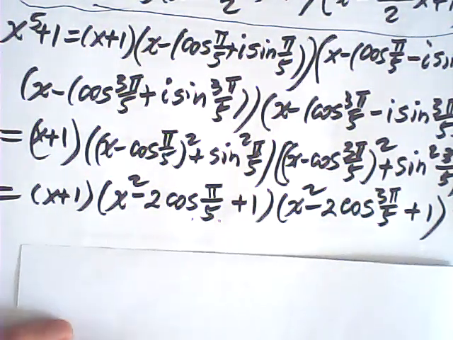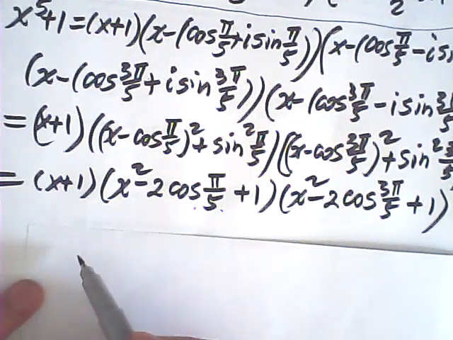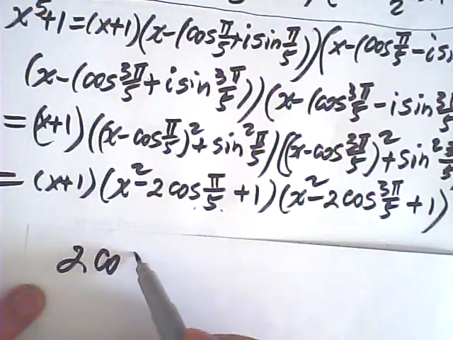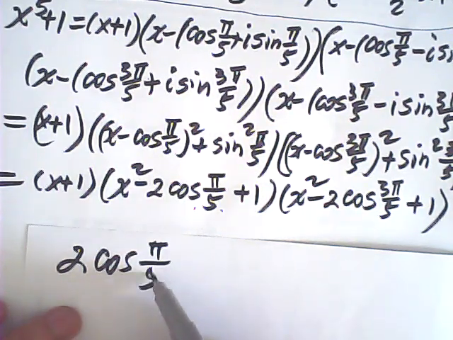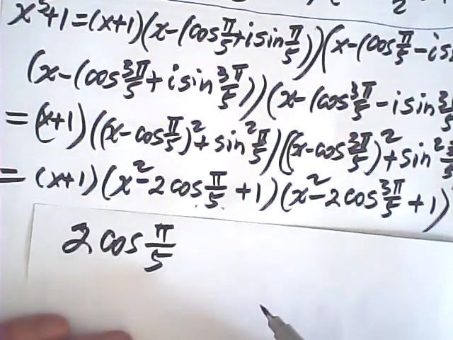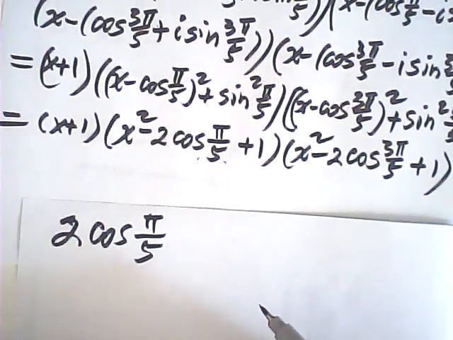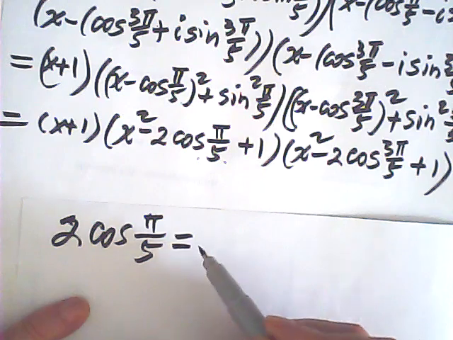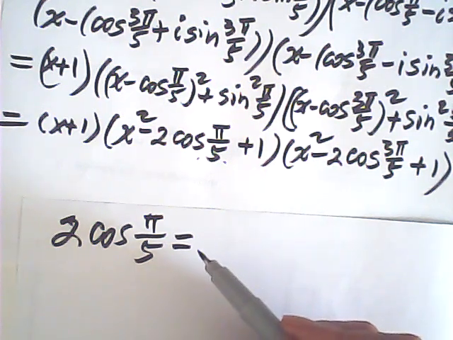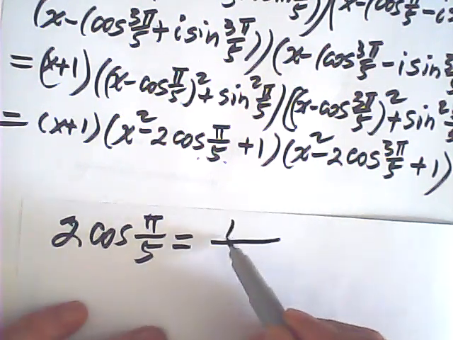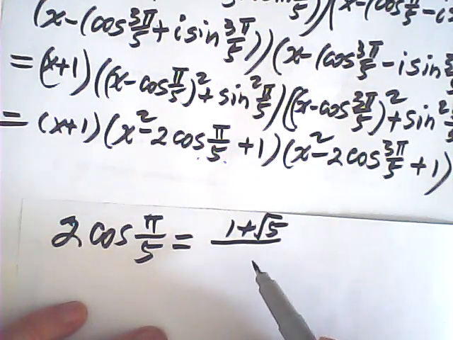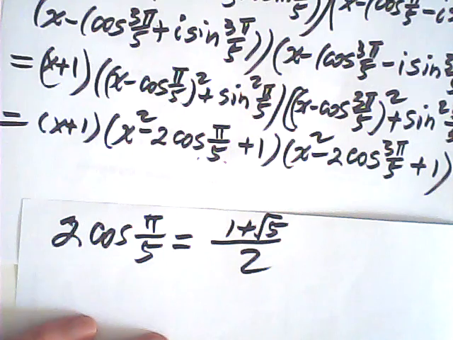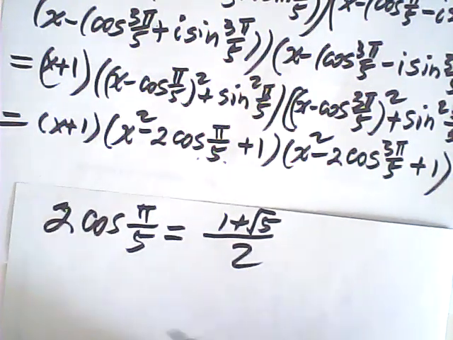Now, we know that 2 cosine pi over 5 is a golden ratio, which is equal to 1 plus root 5 over 2. I'll prove it later, okay?